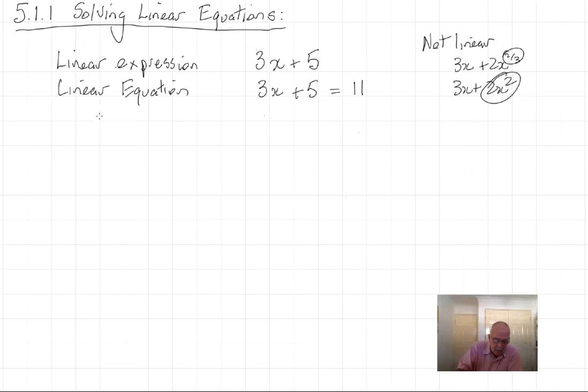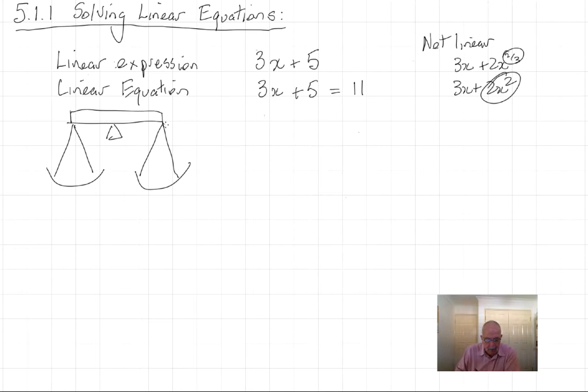Think of equations, particularly linear equations, like the old beam balance. The beam balance basically had two sets of pans or dishes on the side. You had a solid bar and you had a balancing thing here. For this to balance, we needed to have the same weight on each side.